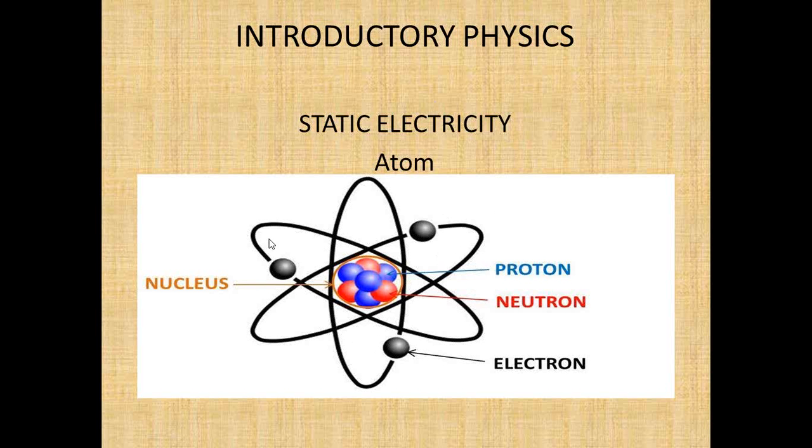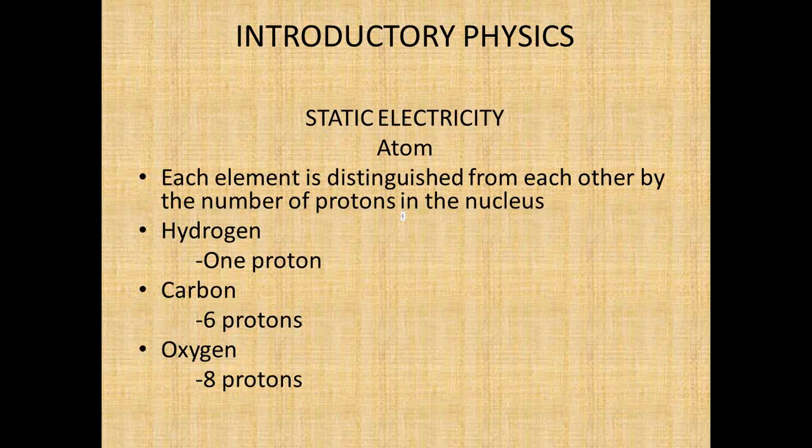So this is the actual structure of the atom with the electron shells around the nucleus. The nucleus again contains protons and neutrons. The protons are positive and the neutrons are neutral. Then the electrons rotate around the nucleus in these electron shells. So this is the actual structure.